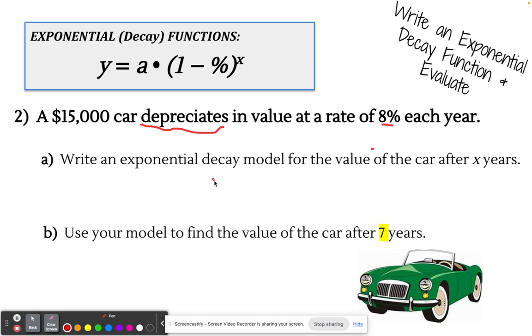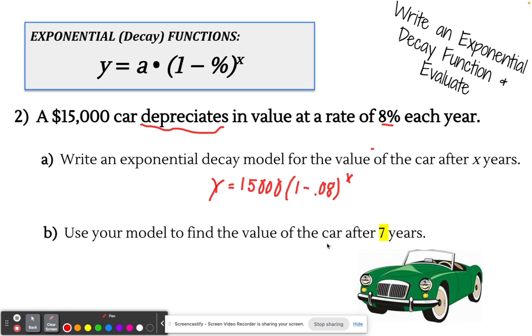So our value is starting at 15,000, but it is exponential decay. It is not growth. So it's 1 minus, and this isn't 0.8, it's 0.08, which is 8%. And for a time period of x.